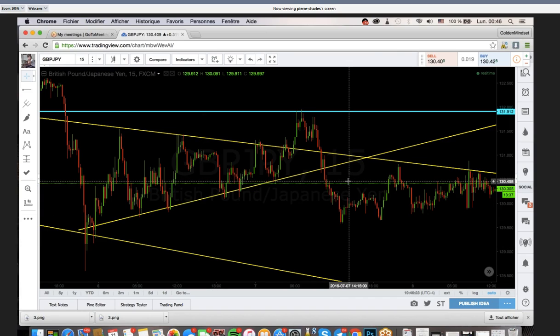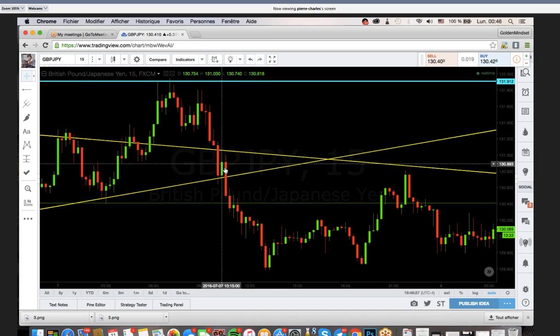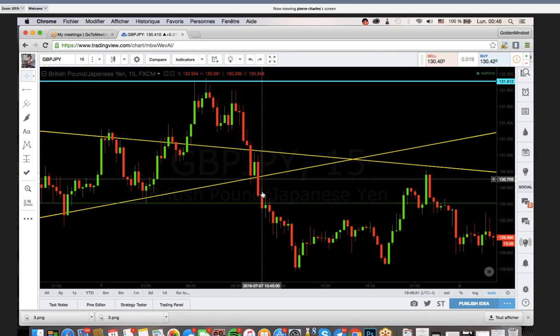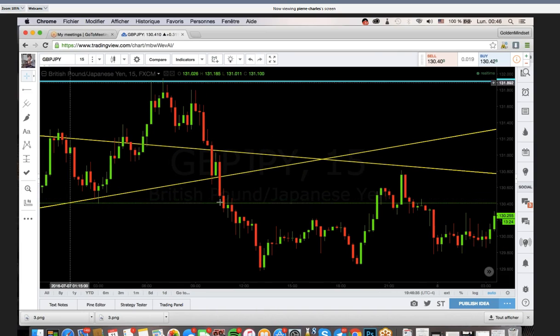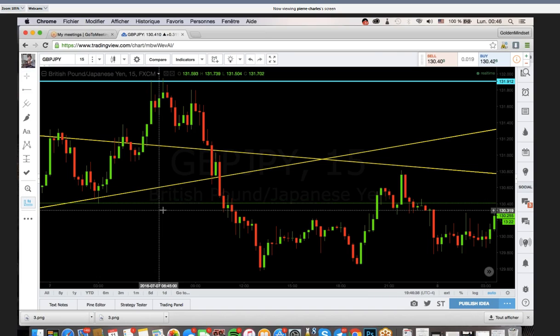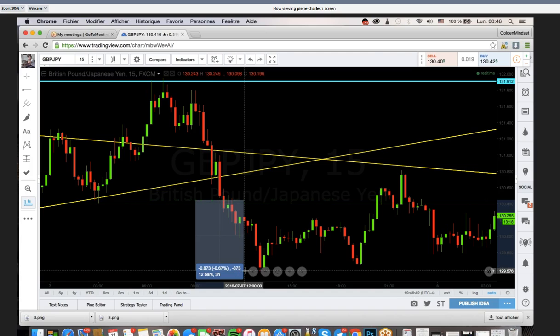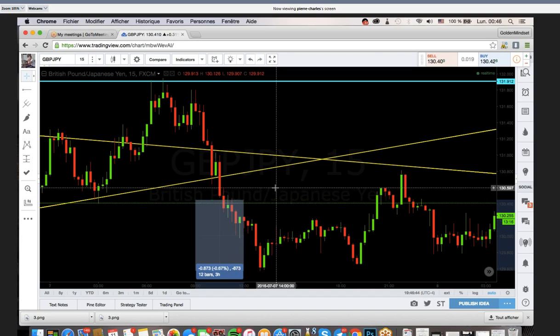I would have placed myself right under the bearish candle there, which really shows us a beautiful bearish pattern. So there we would have caught 87 pips right there.